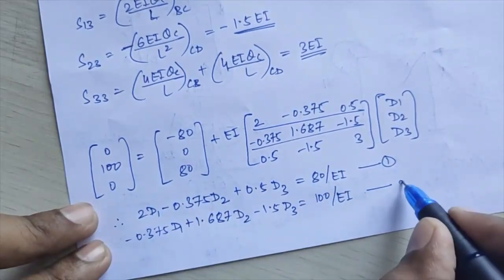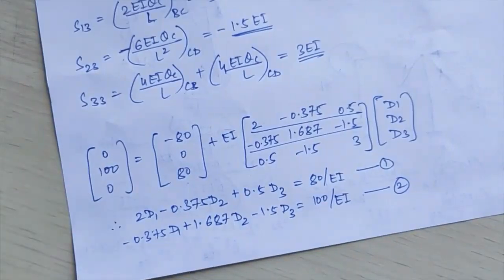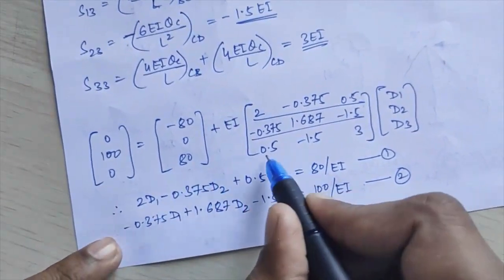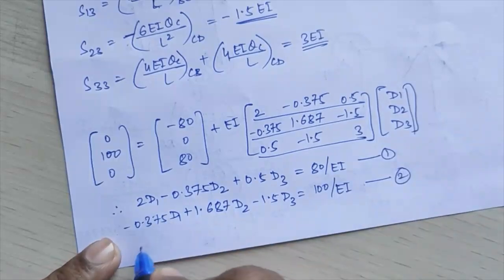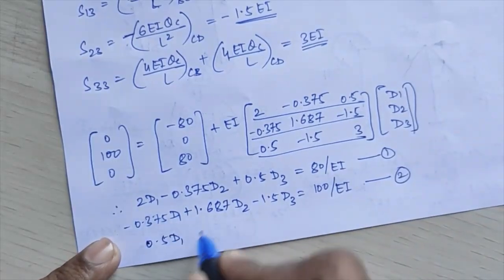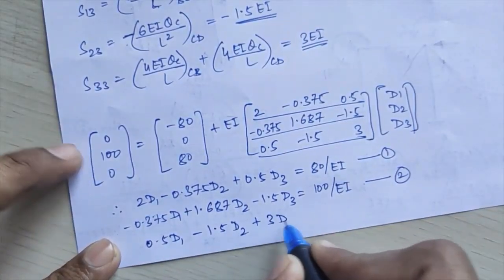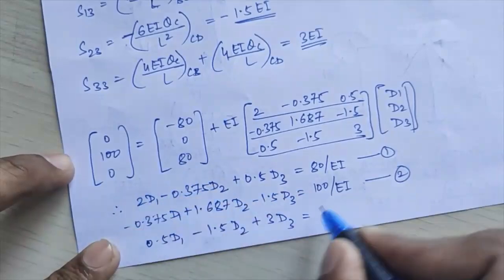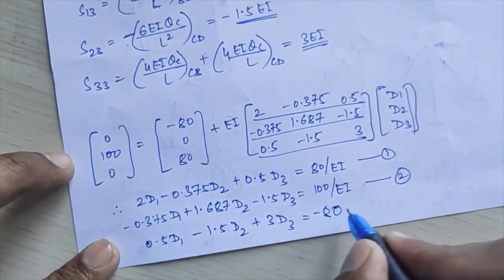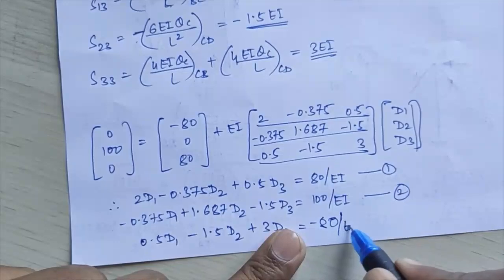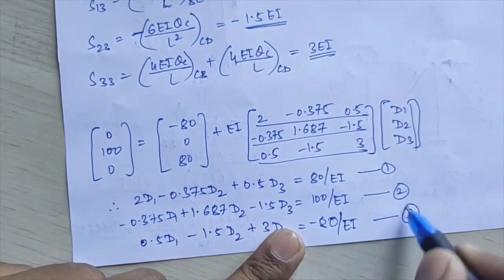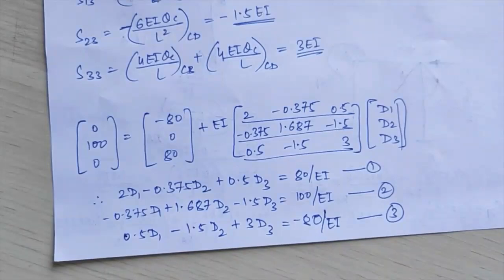Already it is on the RHS, so no need of changing its sign. And third one, third row multiplied by column again, so 0.5 times of D1 minus 1.5 times of D2 plus 3 times of D3 is equal to, on going across, negative 88 upon EI as my equation number 3. So these three equations I am getting here.